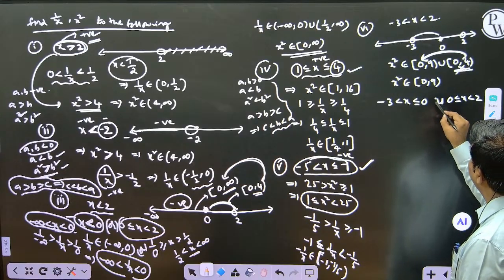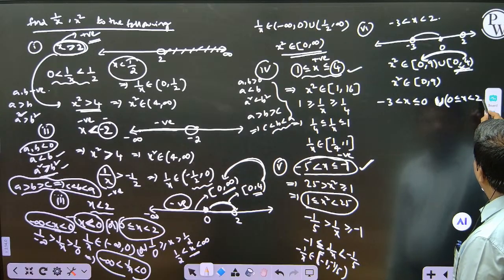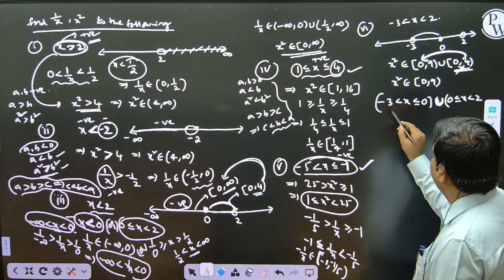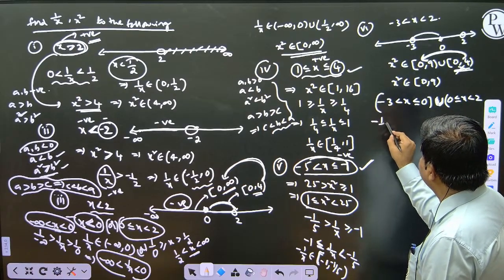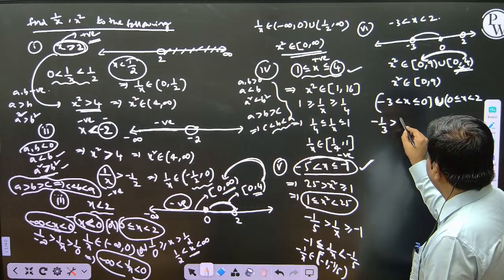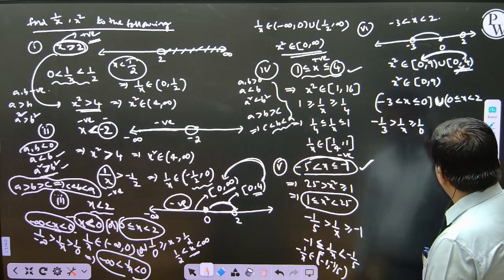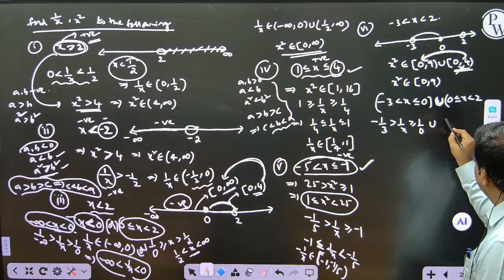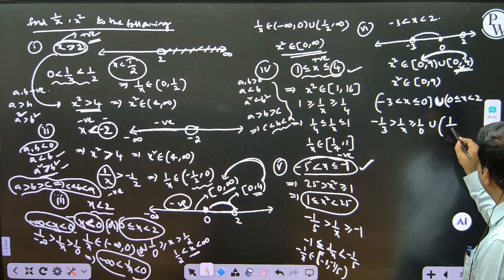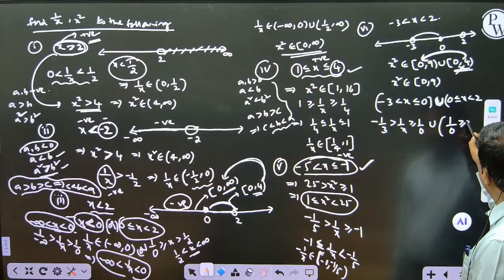Now this is the union. Now you take a reciprocal: minus 1 by 3 greater than 1 by x greater than or equal to 1 by 0, union 1 by 0 greater than or equal to x greater than 1 by 2.